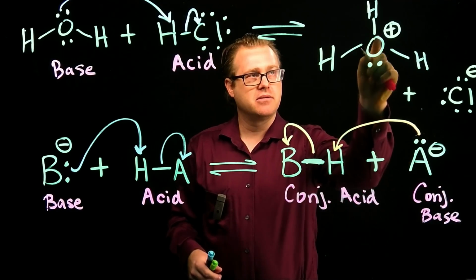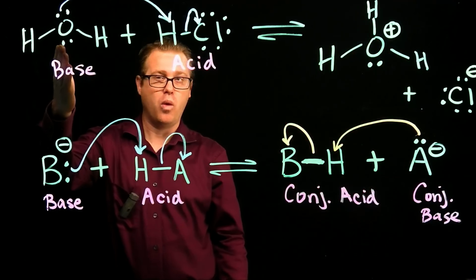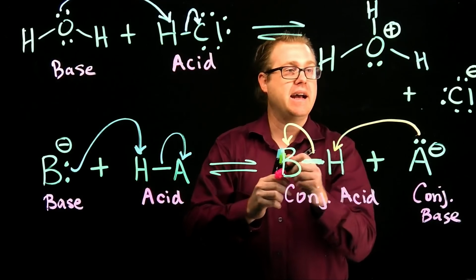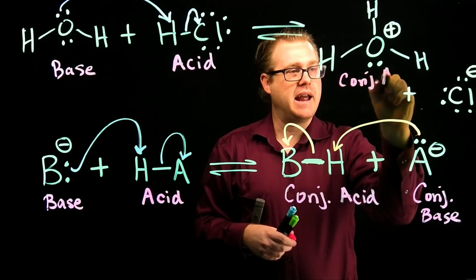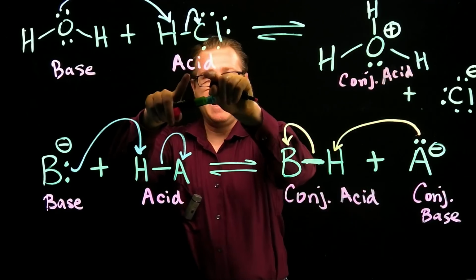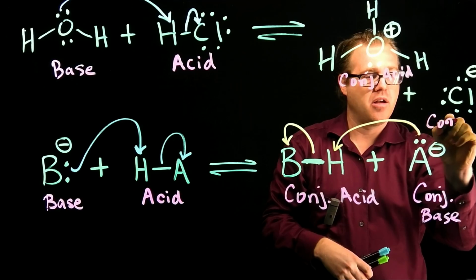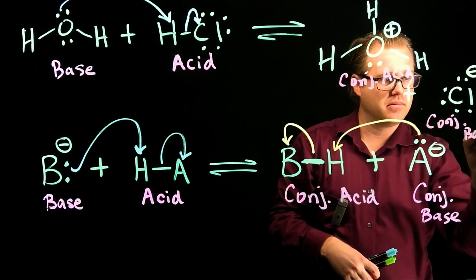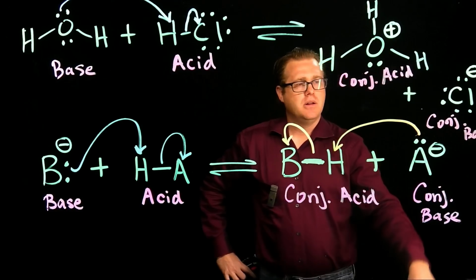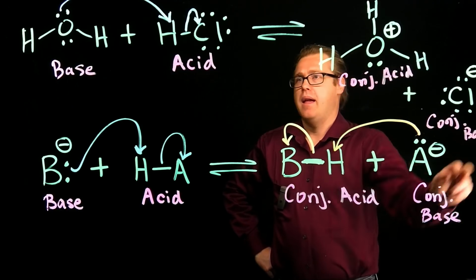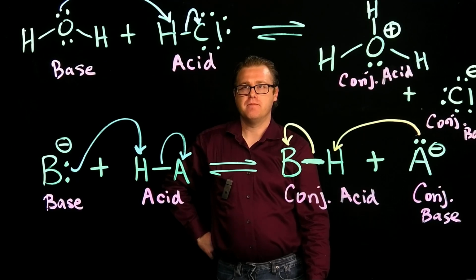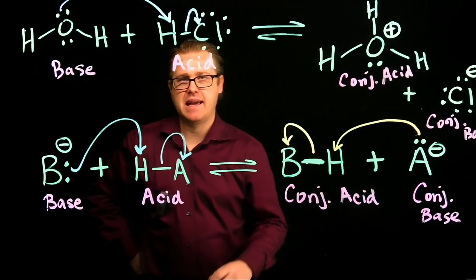Well, this species right here, the hydronium, came from water. And so that makes, by default, if that's the base, then that has to be the conjugate acid. And if this piece right here was the acid, then that makes that guy the conjugate base. And I ran out of space. And that is how you analyze acid-base chemistry.